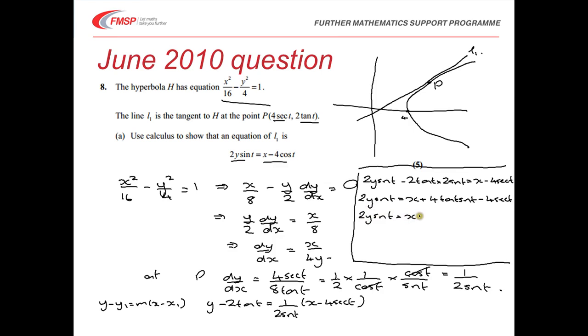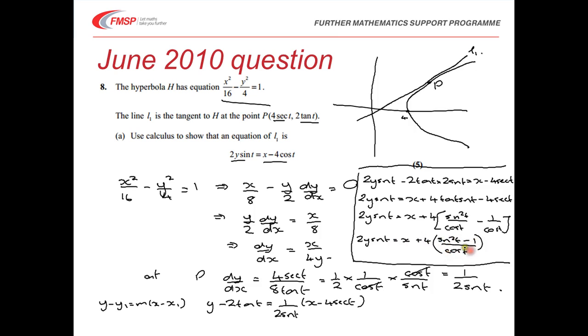So common factor of 4. Tan t is sine over cos, so we've actually got sine squared t over cos t minus 1 over cos t. So we have 2y sine t equals x plus 4 times sine squared t minus 1 over cos t.